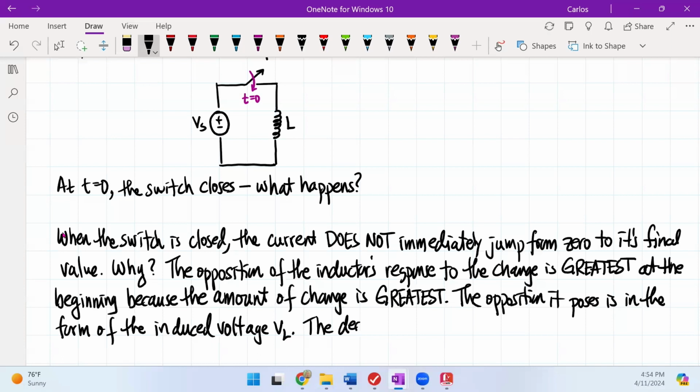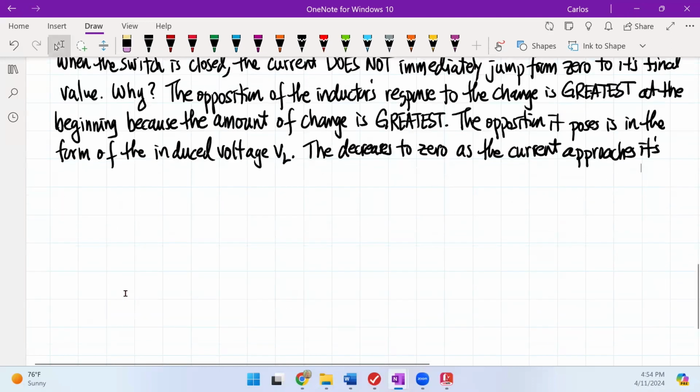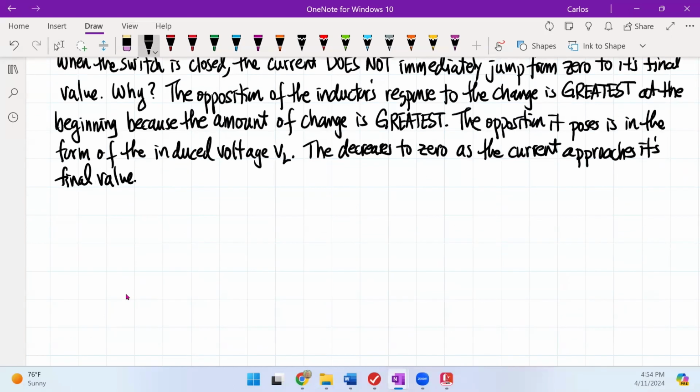This decreases to 0 as the current approaches its final value. We'll talk about those details a little bit later on.